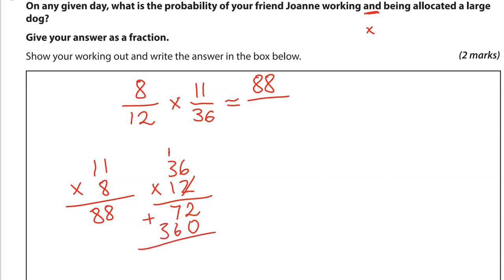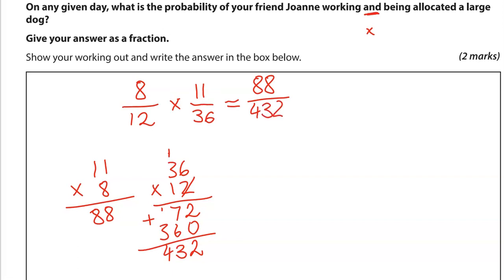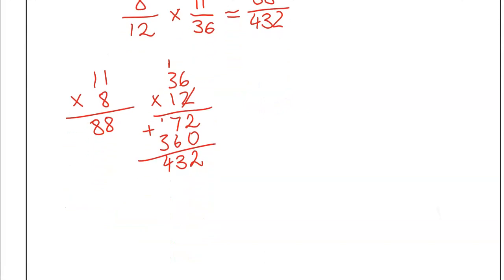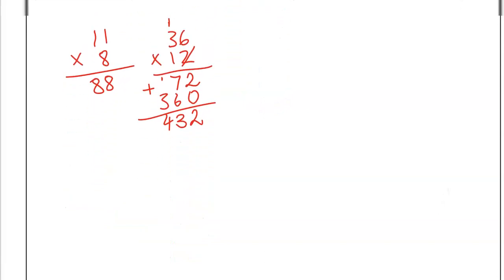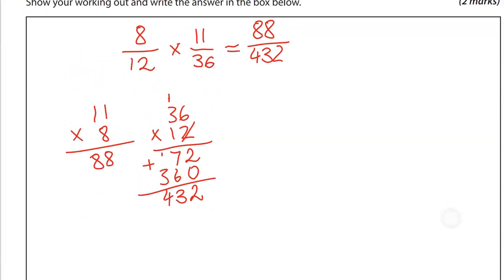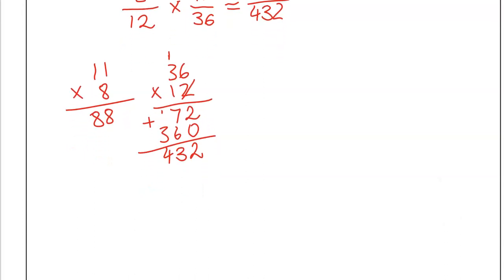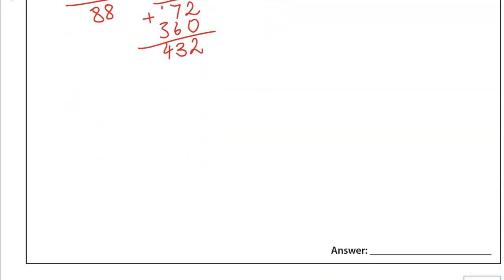Adding these, 2 and 0 is 2, 7 and 6 is 13, so 3 down and 1 carried over. 3 and 1 is 4. So 432. Now you could simplify your answer, but the question is not asking for that. So I'm just going to leave it as 88 over 432.